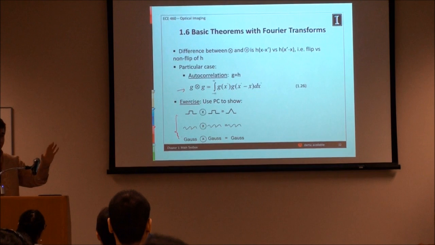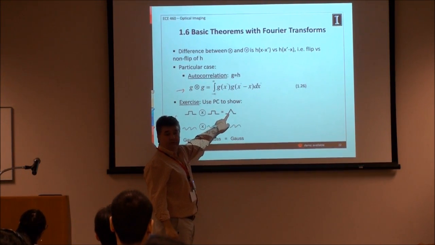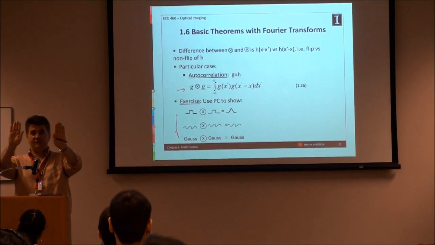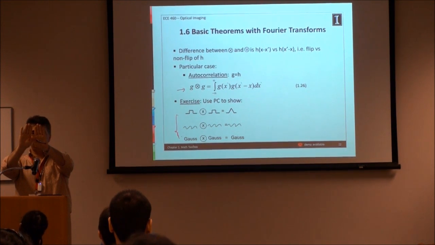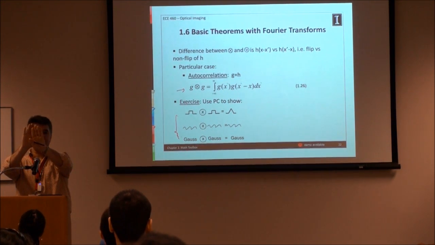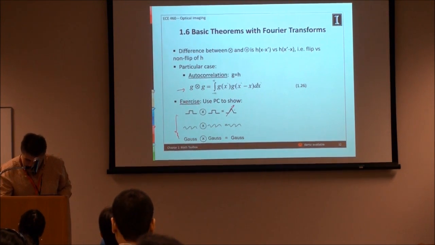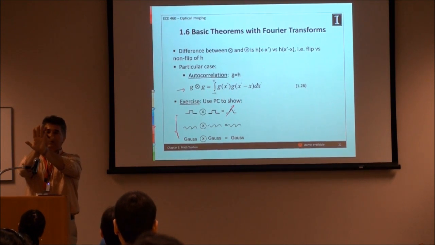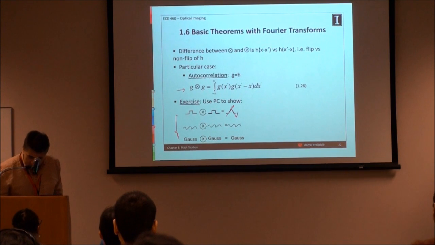If you correlate a rectangular function with itself, you get a triangular looking function. Do you know why? Because I have zero overlap here, and then now the rectangles start to match, and the area goes up actually linearly with the displacement. So that means I'm on this positive slope. Once they're perfectly overlapped, I get a maximum, and then it comes down. So that's easy to remember, that's a triangle.